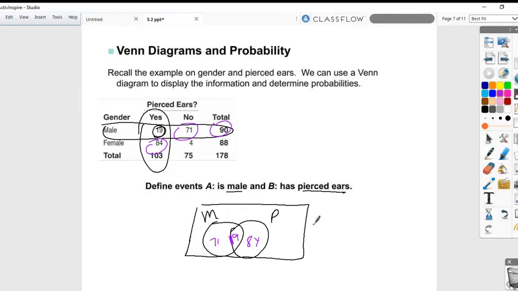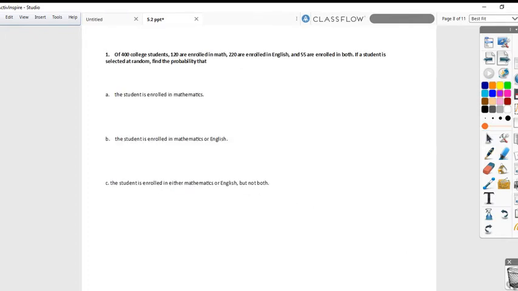So this way, it would just be 71 plus 19 plus the 84 over 178, and that would be your total. So you're already just adding these up here. All right, so two ways to do it, with the Venn diagram or with just the mathematics function.